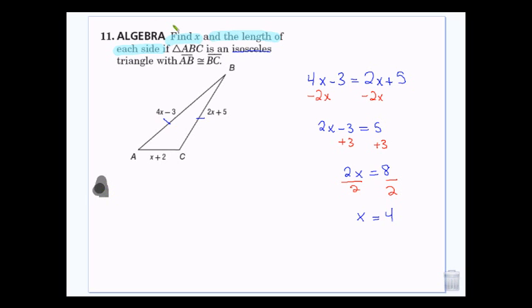So, oops, wrong pen. AC is x plus 2. X was 4. So AC is 6. So this side is 6. AB is 4x minus 3. So that's 4 times 4 minus 3.